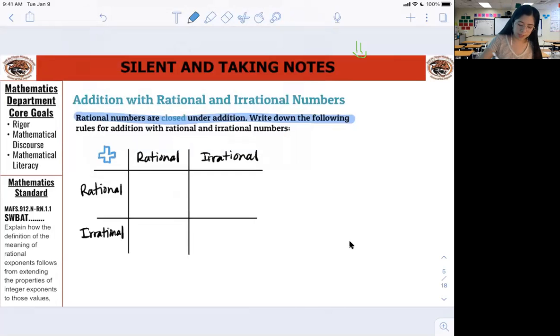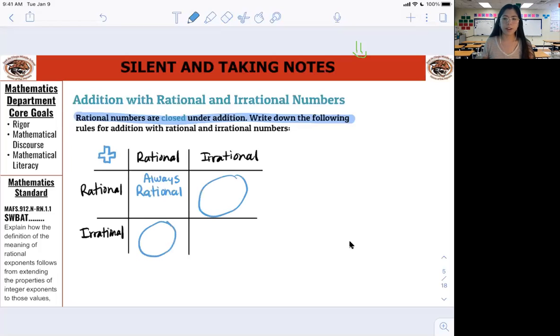So what happens here when you have rational plus rational? Rational. It's closed, and it's always rational. What did we determine with irrational? So these two boxes right here, irrational and rational.